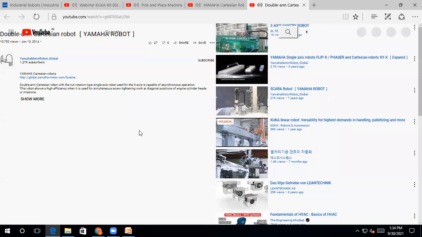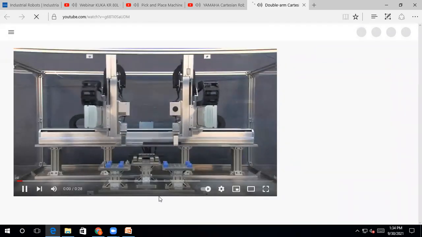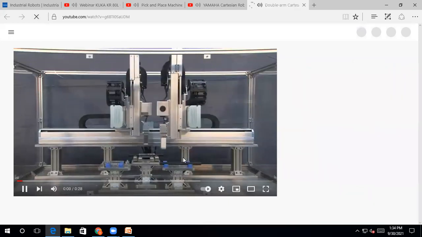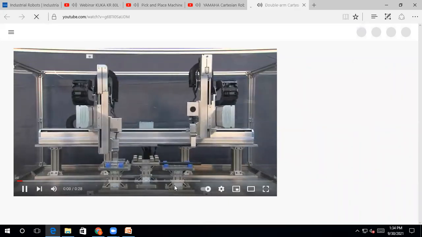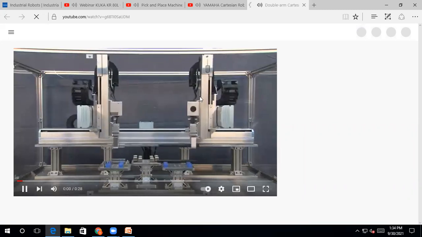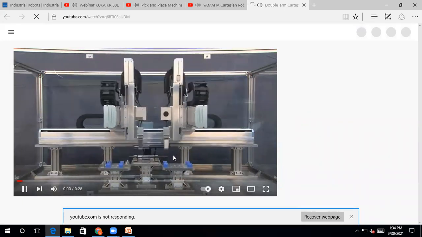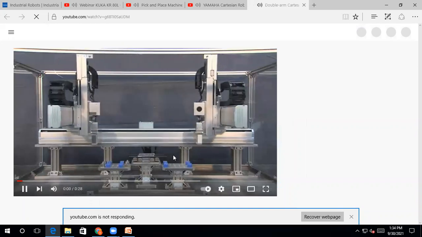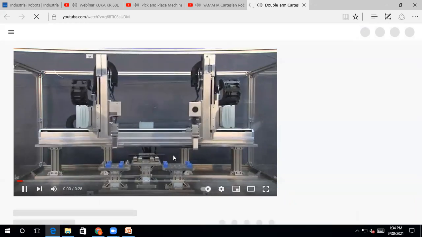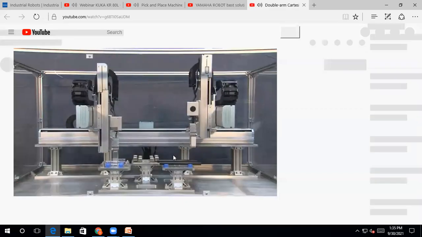Therefore, again we will see. See that this is Z, vertical is Y, and this is X. Two arms are there. Therefore, this is known as a double arm robot. See that it is used for picking up and placing. Pick, place. Pick, place.